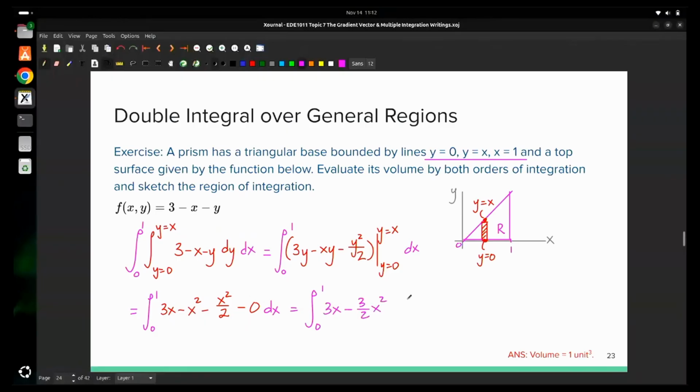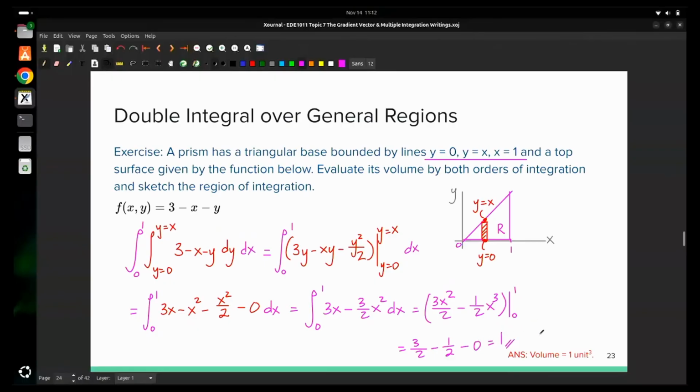If you want, you can factorize out the 3, but I can just integrate directly. So this becomes 3x squared over 2 minus half x cubed. Then I plug in the limits 0 to 1. After I sub in the 1 and 0, I'm just going to get 3 over 2 minus half, and of course minus 0 if I'm subbing 0.